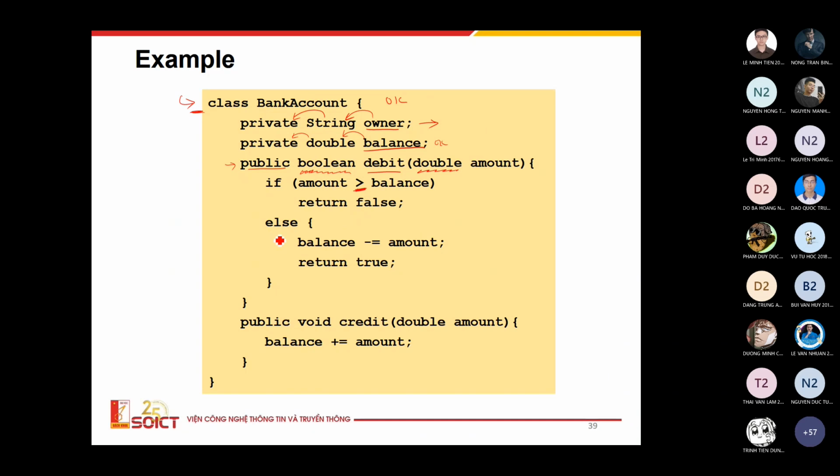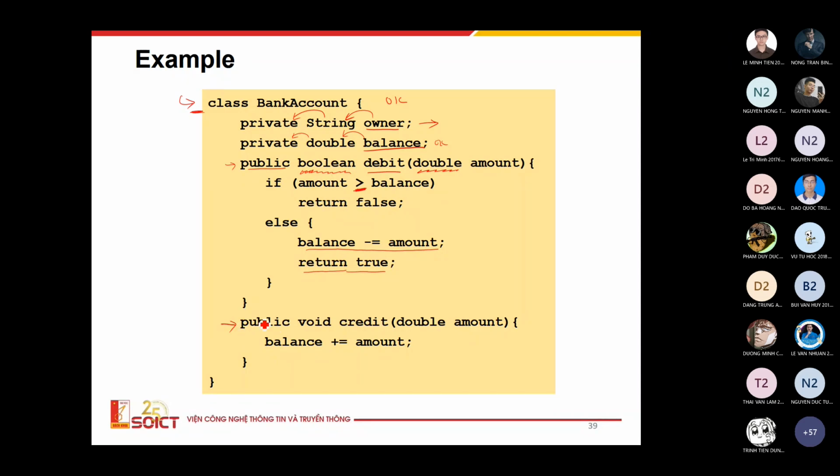Còn ngược lại thì ta gán balance bằng balance trừ amount, và trả về true. Đúng rồi. Đấy. Tiếp tục nào, phương thức tiếp theo nào.